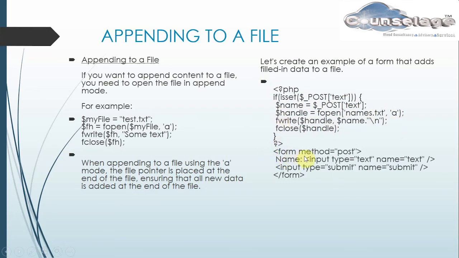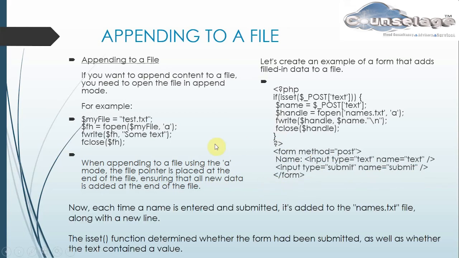Then add the form tag with method post, the name input type text, and then the submit input with type submit for submitting the form, and then close the form tag.